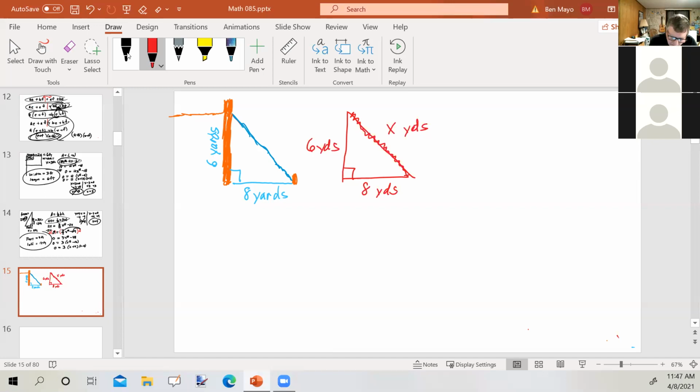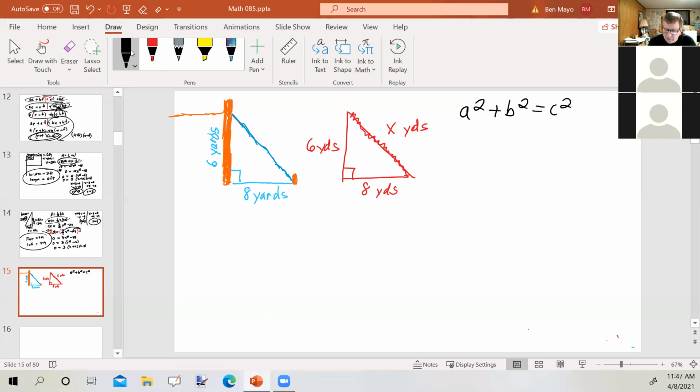With a right triangle, there is a formula that says a squared plus b squared equals c squared. This is known as the Pythagorean theorem. It was created by an early mathematician named Pythagoras. And A, B, and C refer to the three sides of the triangle. C is known as the hypotenuse.